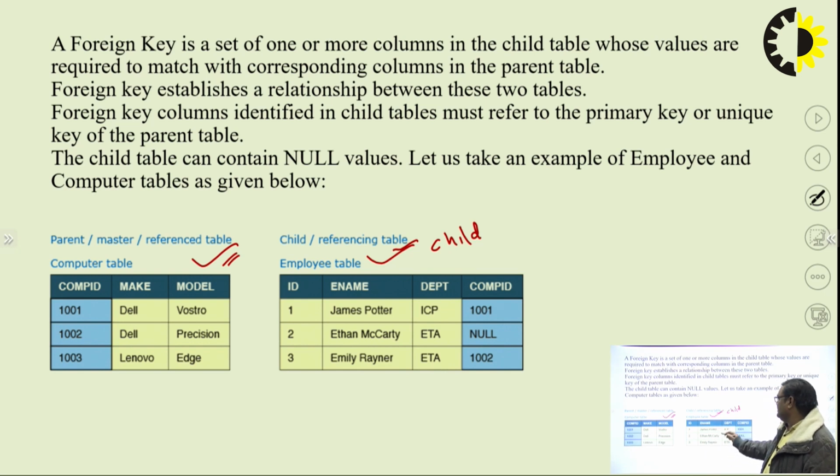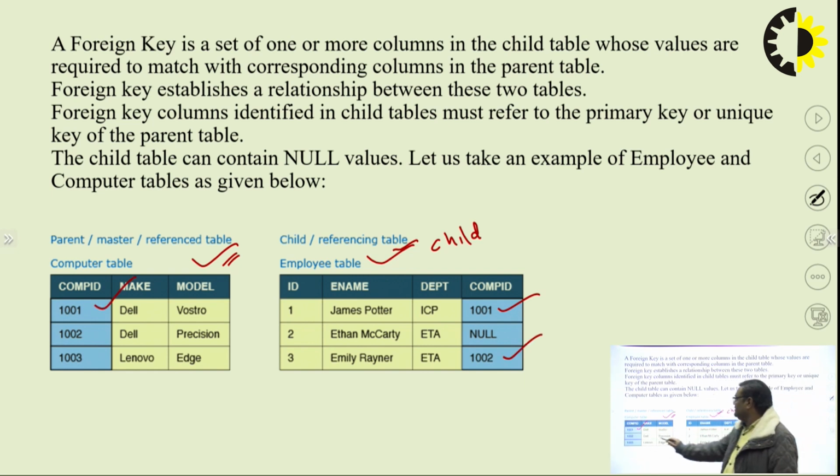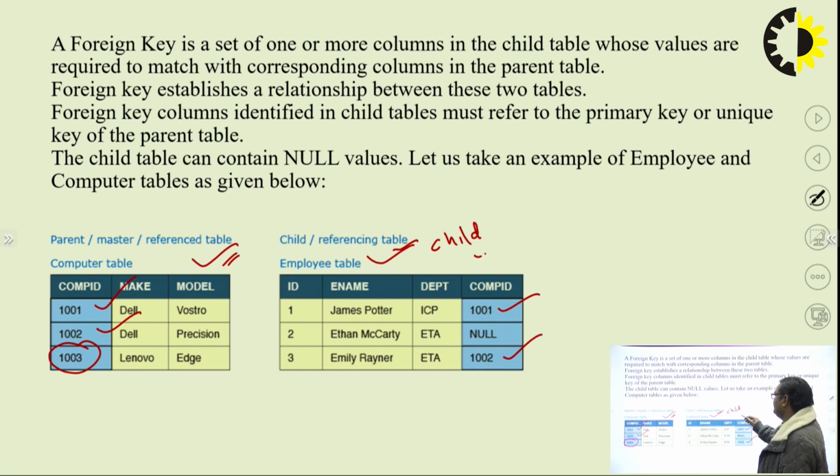It contains computer IDs 101, 102, 103. In the computer table this is the primary key, and only these values will be inserted into this referencing table. We can insert null here, but only these values will be inserted.